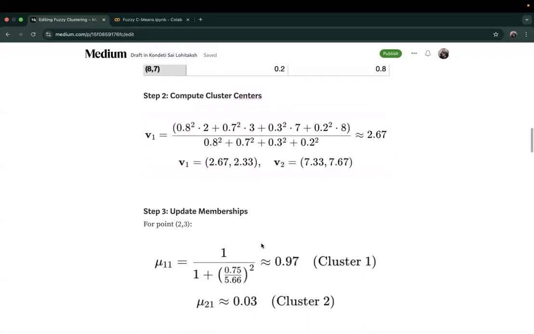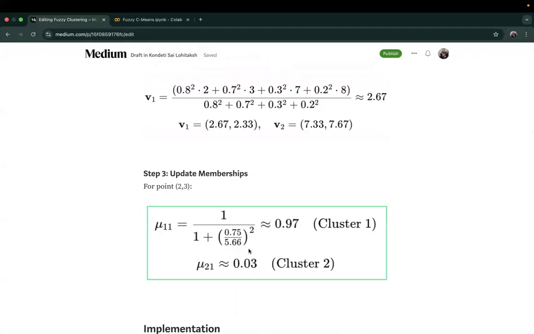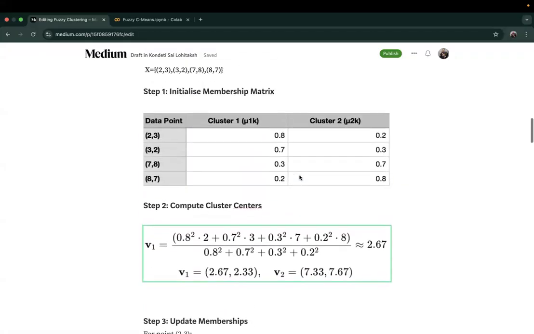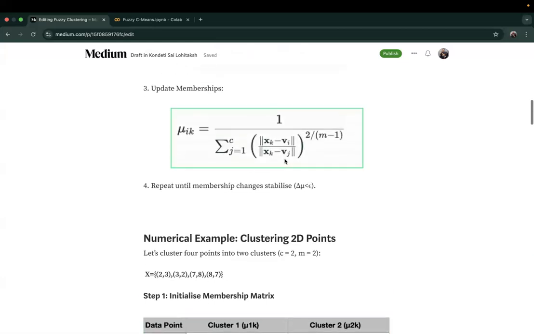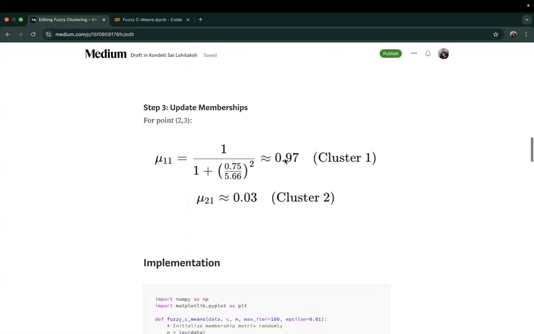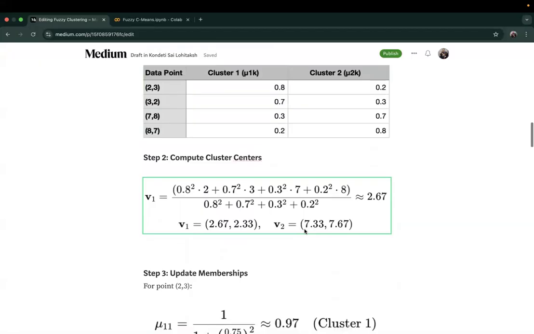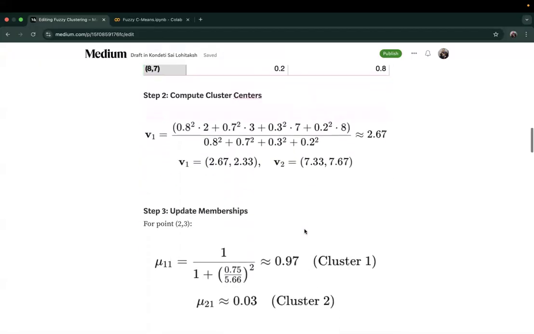You can use any formula, it can be the distance formula or something. After that, we substitute them in this formula and we get the membership scores, or membership points.